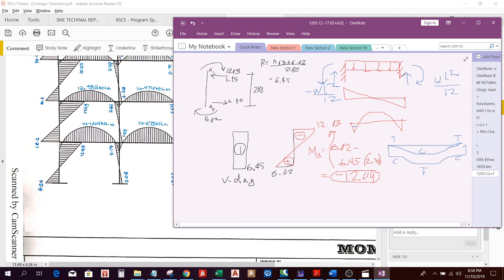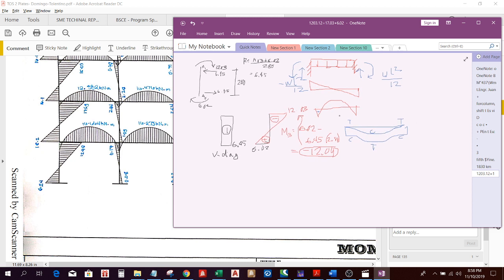The negative moment from the left will cause a compressive stress on the bottom fiber. So that's very easy. Now, when you go to column, it's a different story. Therefore, in the beam, we are following this convention left to the right.